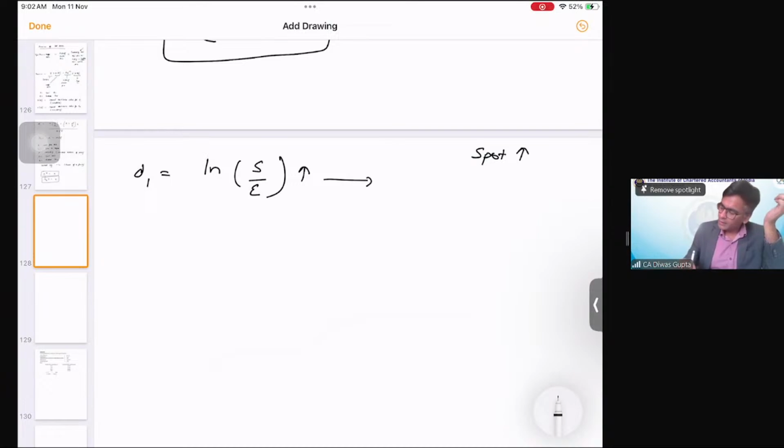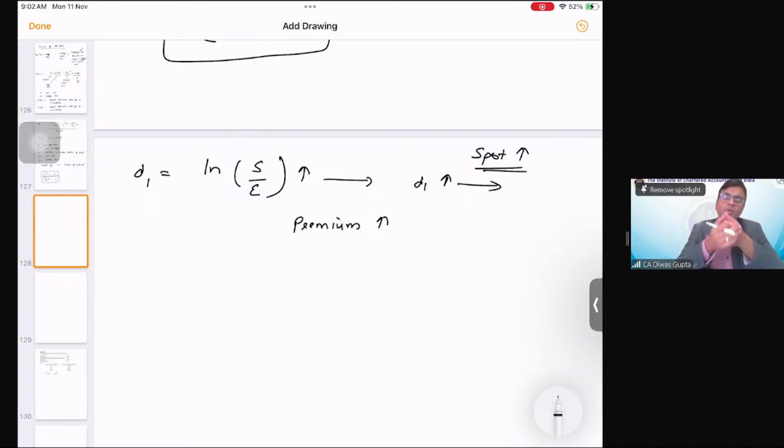If this goes up, then d1 will also go up. If this goes up, then premium will also go up, which is true, right? For a call option, if the spot price increases, the premium should also increase, because the gap between spot price and exercise price is getting more. Spot price is becoming higher, which will eventually lead to a higher premium.